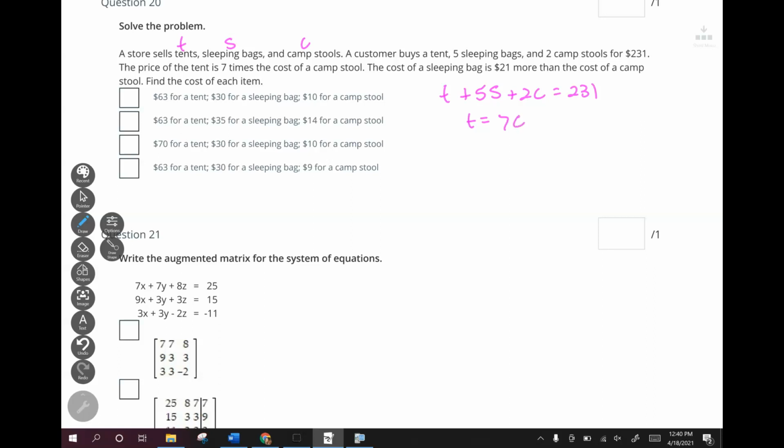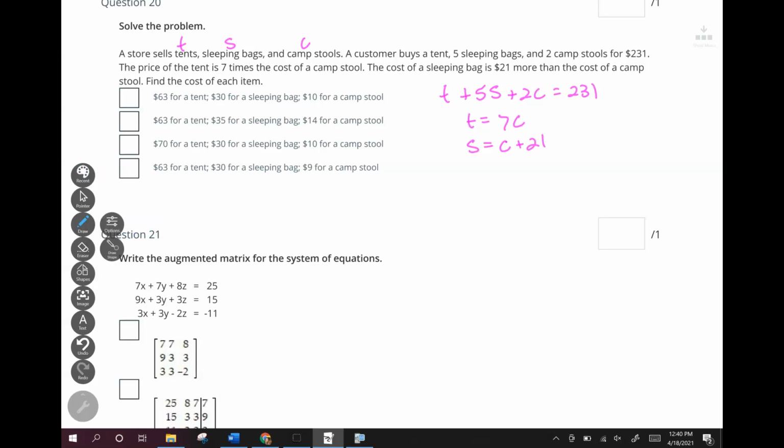The cost of the sleeping bag is 21 more than the camp stool. Find the cost of each item. All right, this one is actually pretty simple to solve.